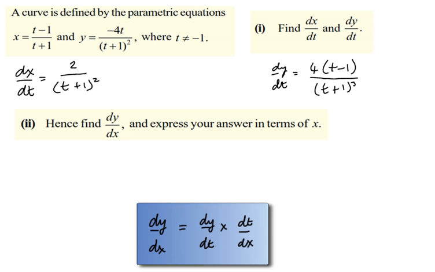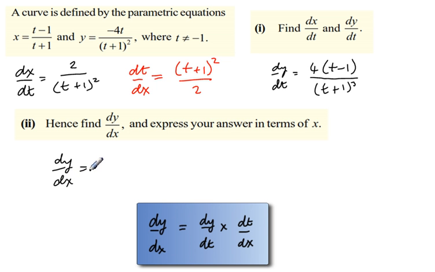Our parametric formula tells us that what we want is dy/dt, which we have, multiplied by dt/dx. Well, if dx/dt is 2 over t plus 1 squared, dt/dx is the inverse of this, t plus 1 squared all over 2. And this is what goes into the formula.